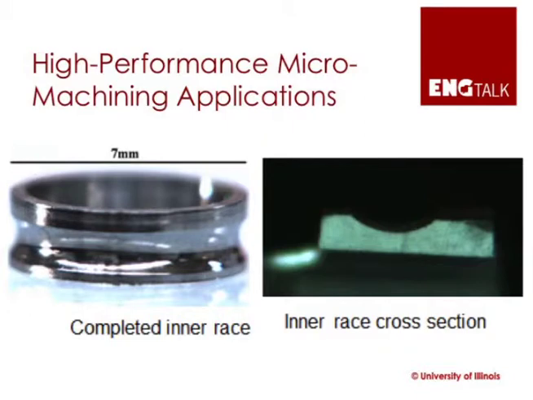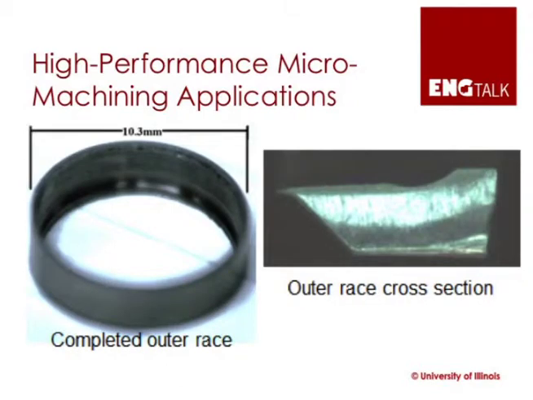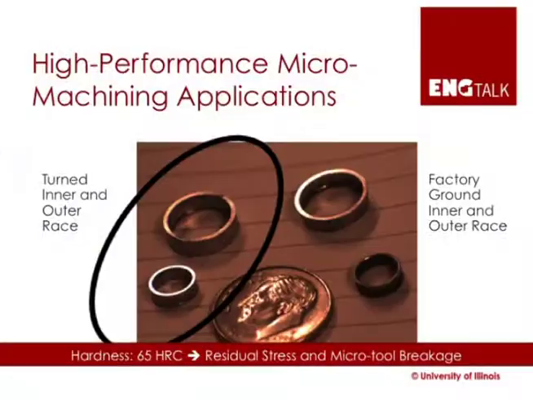One is the inner race, against which the balls push when the bearing is in operation, and the other one is the outer race, which is essentially the cage that keeps the balls in place. The neat thing about this application is that these materials are extremely hard. They've got 65 Rockwell C in terms of their hardness.